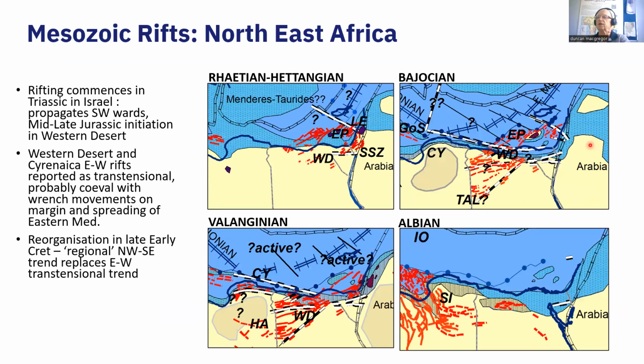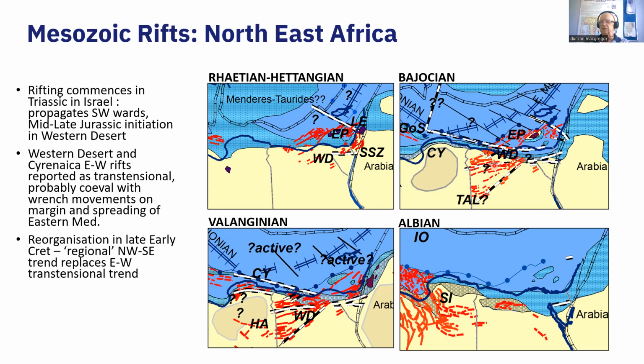Now, the poorest understood rifts, I think, are probably these ones, the WD equals Western Desert of Egypt. There are lots of papers and oil company papers on them, but they mention they're transtensional, but very few seismic lines are shown. So where is the evidence for it?